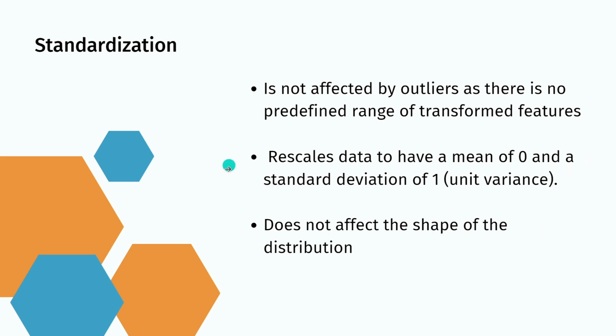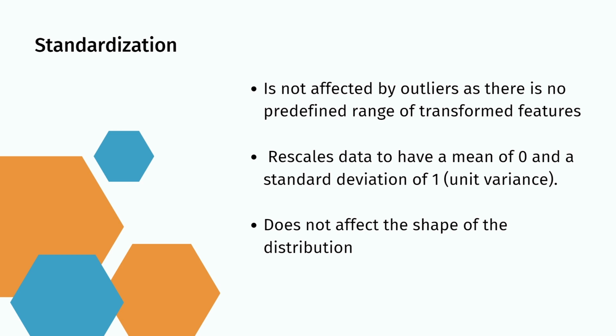And standardization is not affected by outliers, as there is no predefined range of transformed features. So unlike normalization, in this there is no predefined range where you are going to standardize, let's say, between 0 to 10 or something like that.